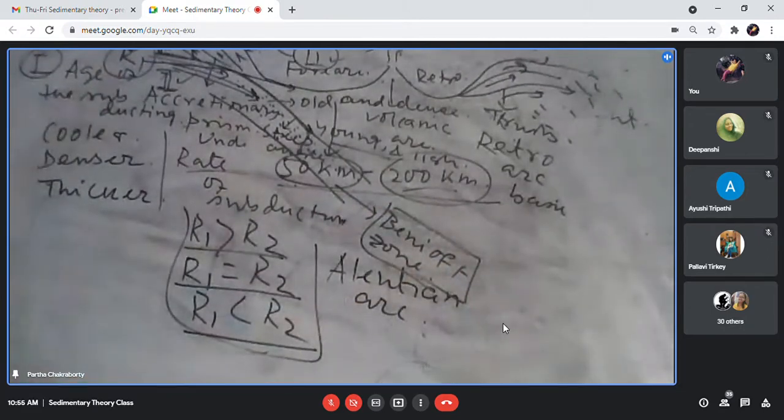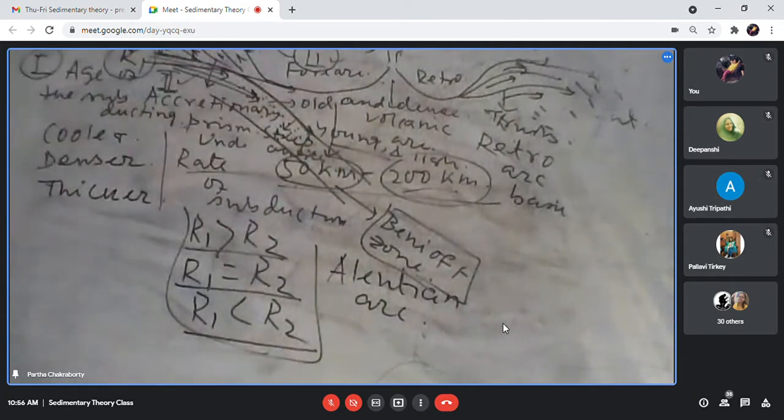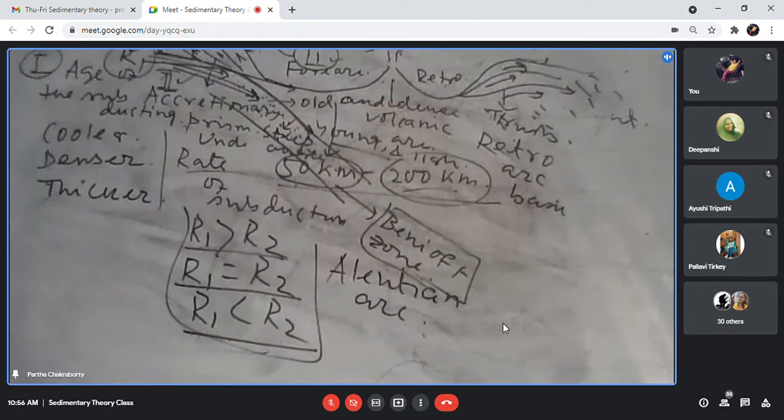Now, what is Benioff zone? Benioff zone is a zone which marks the concentration of the earthquake. There are shallow focus earthquake, there are deep focus earthquake. We call it deep focus earthquake when the focus of the earthquake is more than 200 kilometers. What is shallow focus? It is less than 30 kilometers. And intermediate is 30 to 200.